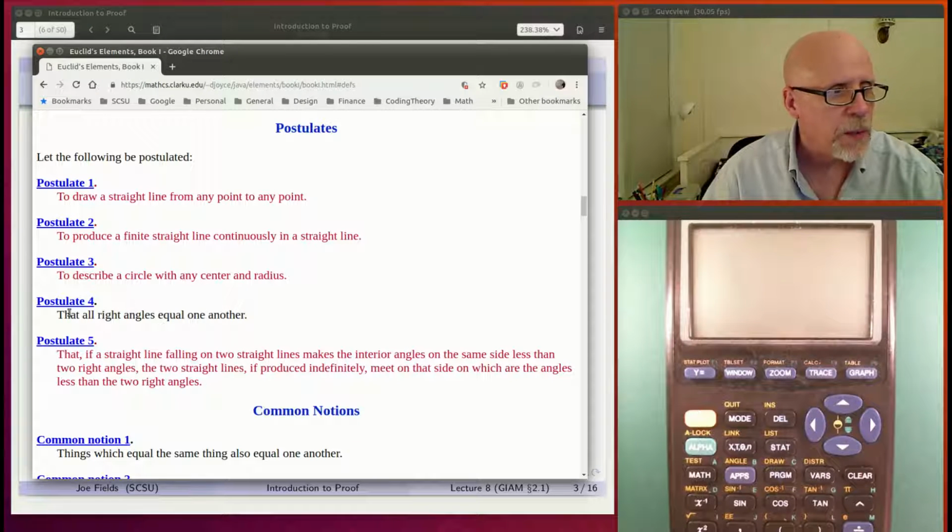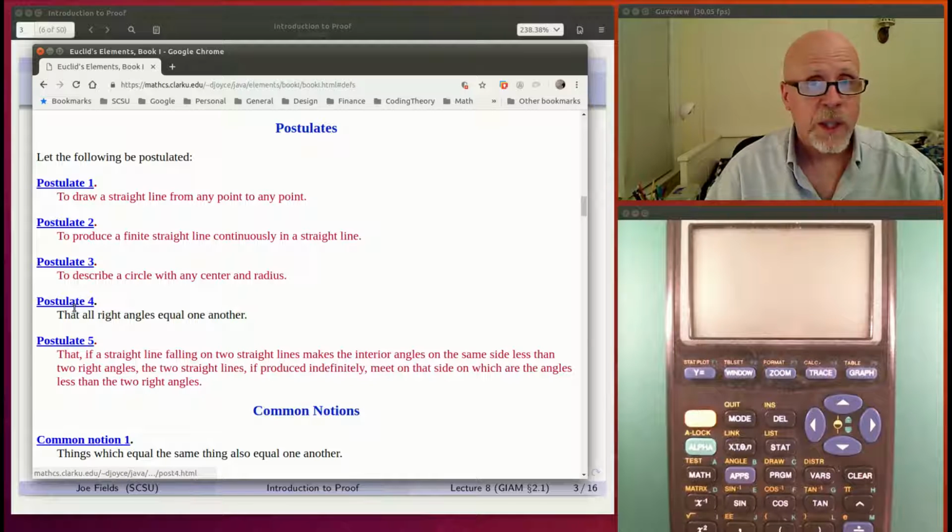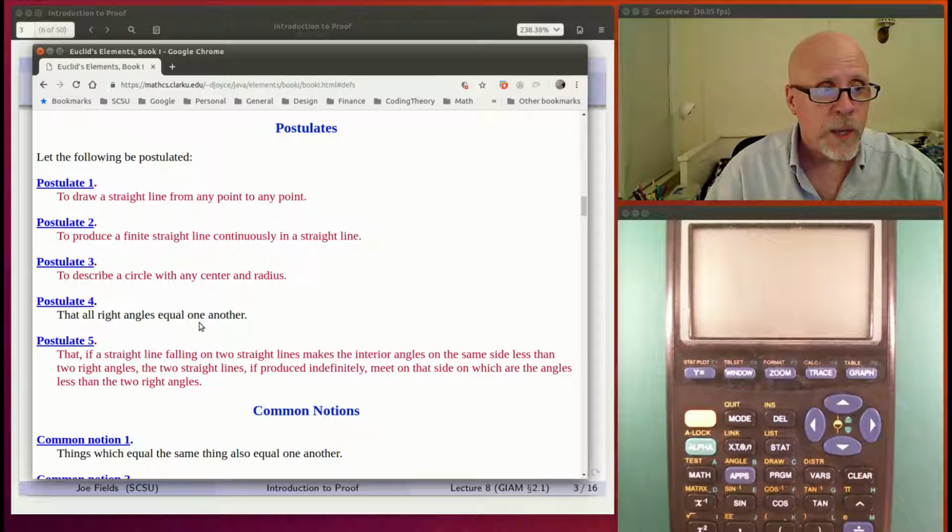You can make circles. Postulate 4 is actually kind of an interesting one here. In Euclid, postulate 4 says that all right angles are equal to one another. And that actually is saying something a little more interesting than what it seems. It's sort of telling you that no matter where a right angle is in space, it's got the same measure.